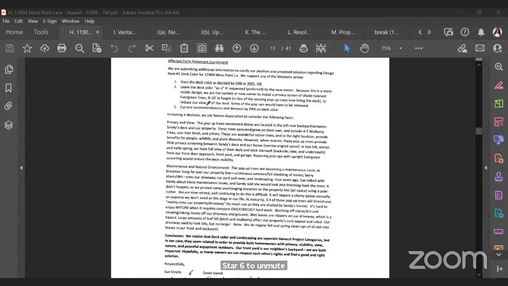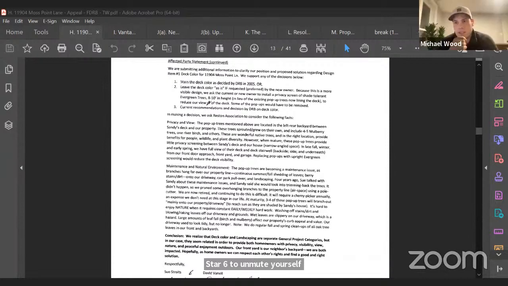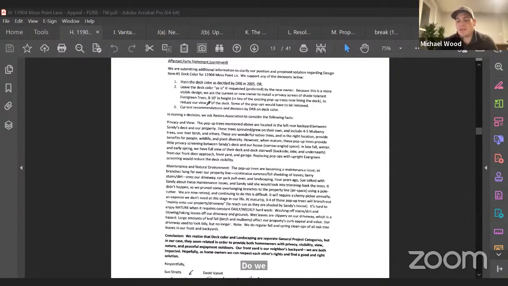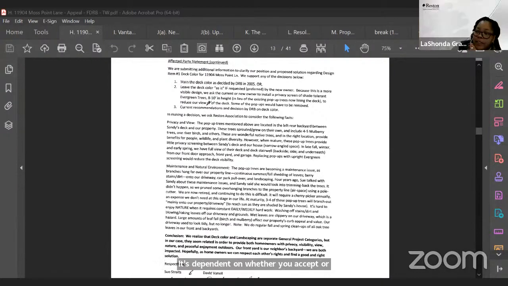Does the DRB have questions for the applicant? Because procedurally, we want to finish with the affected party. Well, that's what I was going to ask next: do we need to hear her, depending on whether we continue, accept or deny this appeal, or do we pause this appeal to hear her appeal first? You would continue this one.